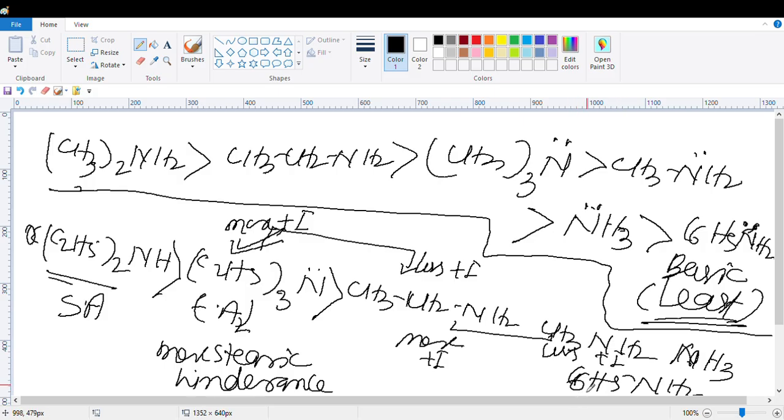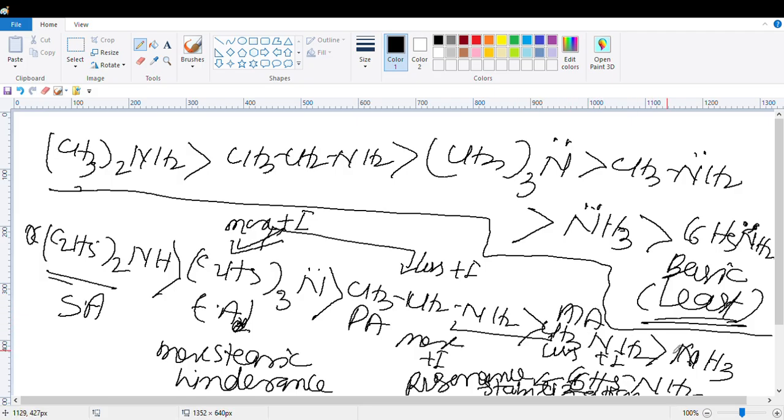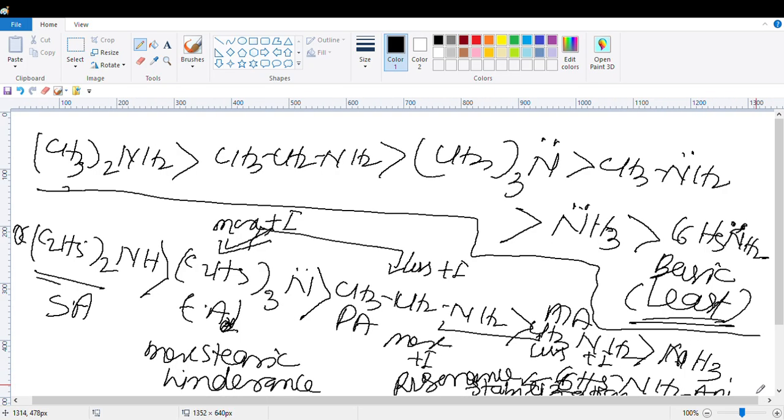When we compare this with aniline, we will say it is because of resonance stabilization, right? In this way, the ethyl derivatives have the order secondary amine, tertiary amine, primary amine, then methylamine, then ammonia, then aniline, right?